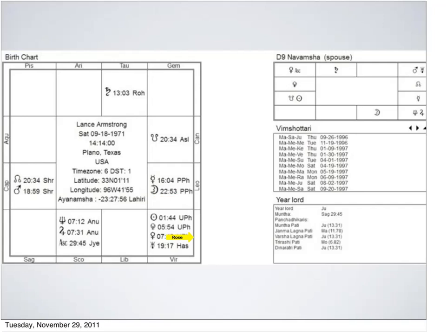Venus did give him access to good information and to healing.